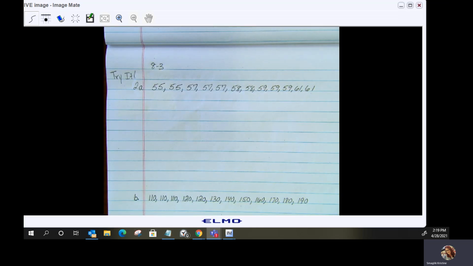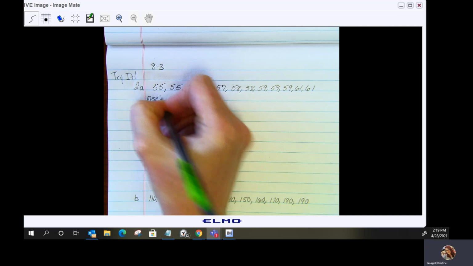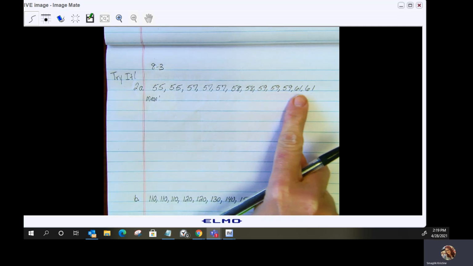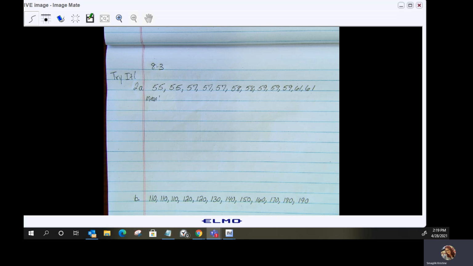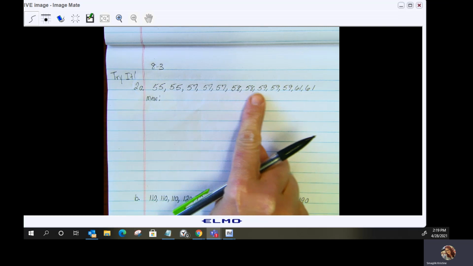So here we go. Let's calculate the mean first. Also notice they were so kind as to give us the data set in ascending order. Cuts a step out for us. To calculate the mean, I'm going to add up all these data values.